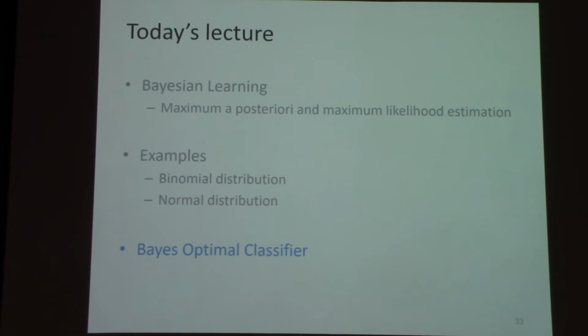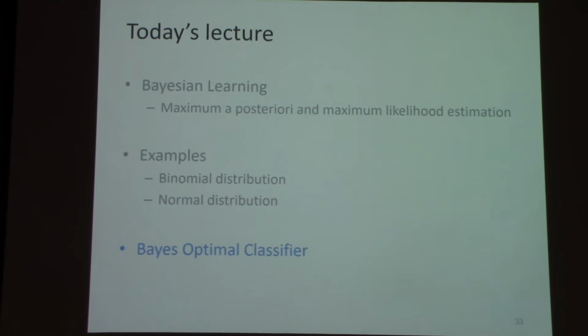flavors of this definition. One of them is called maximum a posteriori learning, which says the classifier that is best is the one that has the highest posterior probability given the data. The hypothesis to be chosen according to this rule is the one that has the highest value of the probability of the hypothesis being the true one given the data set.